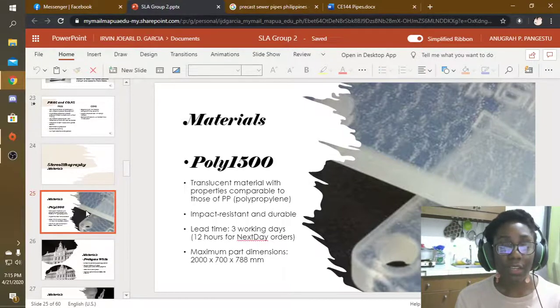The amount of working days it will take would be about 3 working days to completely print a small project. And it usually comes in 2000 by 700 by 788 millimeters.